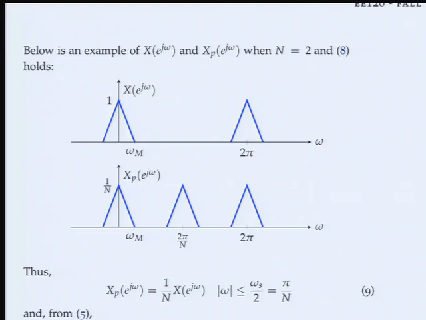The impulse train sampled version of that will consist of shifted copies. So this figure here illustrates this for n equal to 2. All right? So they are separated 2 pi over n apart. And then the amplitude is divided by n. Right?